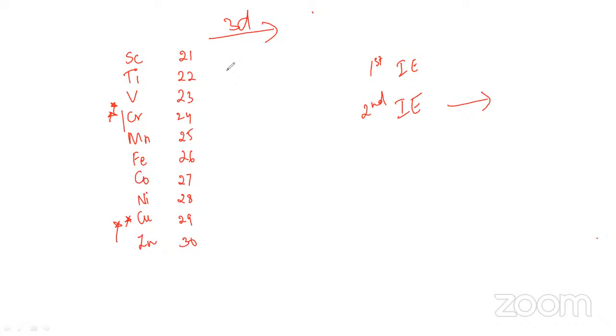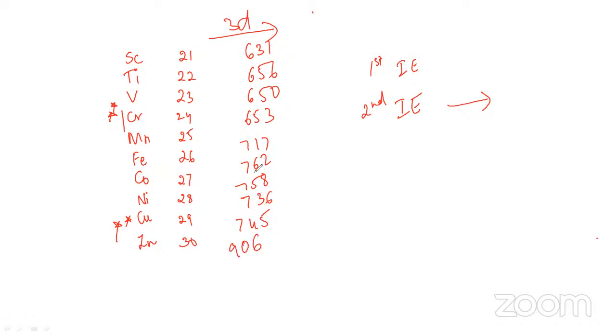You can see the values given: 631, 656, 650, 653, then 717, 762, 758. So generally there is an increase in ionization enthalpy.